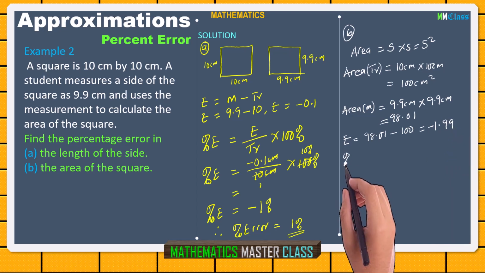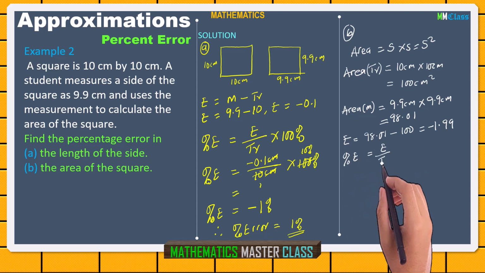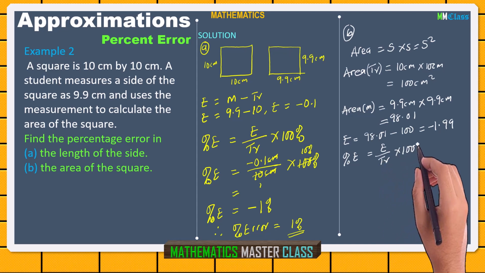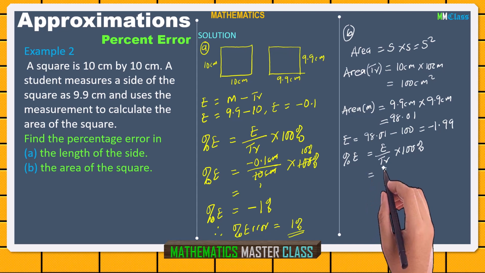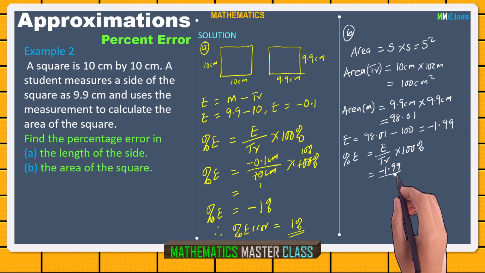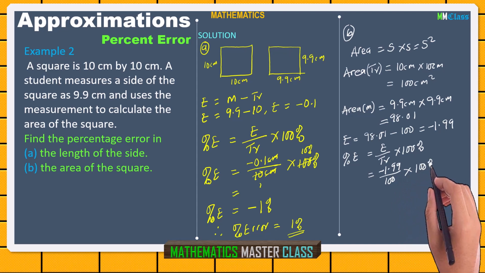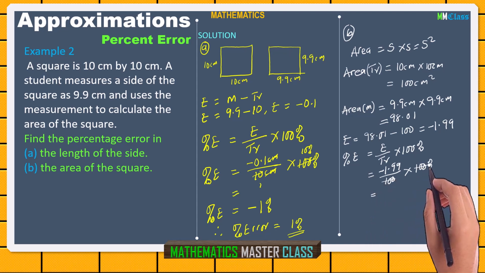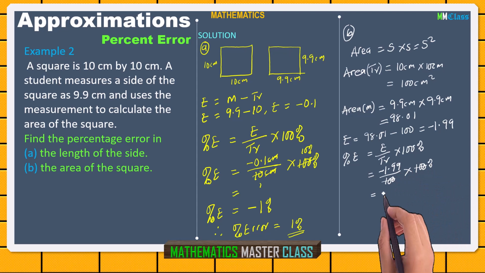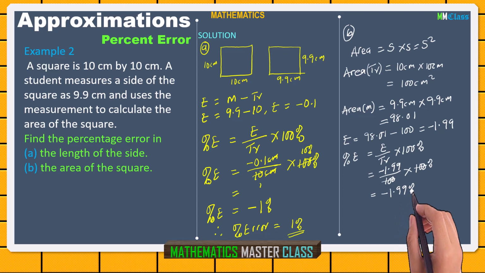So the percentage error we are looking for will be equal to error all over true value times 100%. So this will give us minus 1.99 over 100 times 100%. So this will be equal to, 100 cancel 100. So the percent will multiply minus 1.99, and that will give us minus 1.99%.